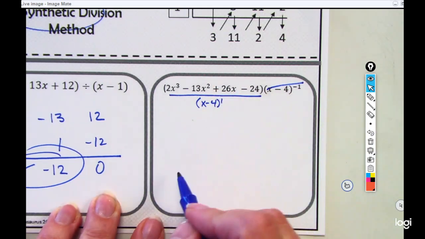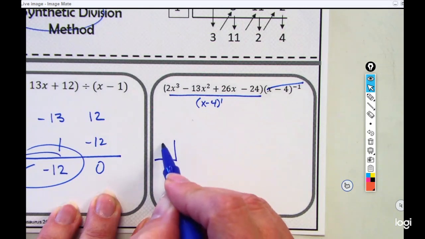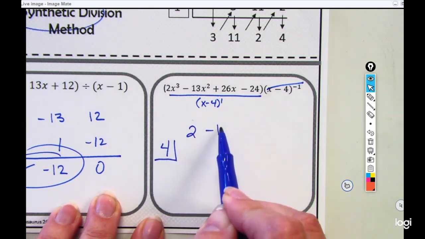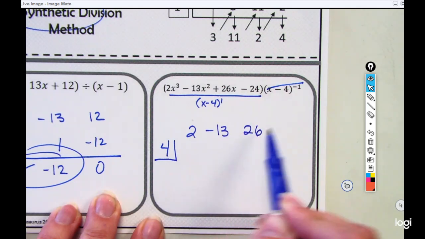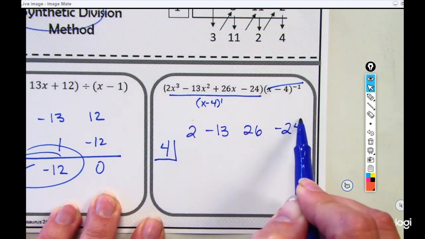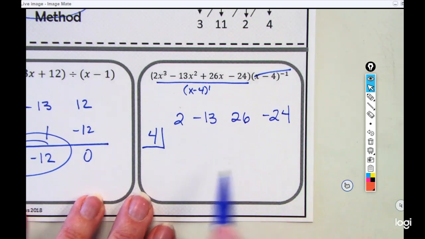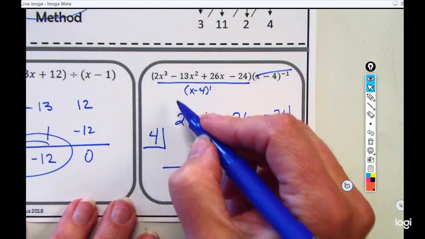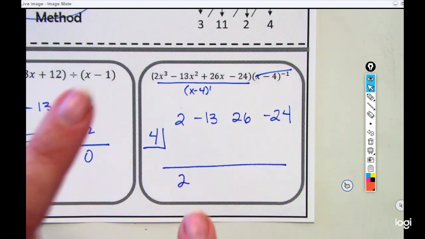Okay, so in the box, what did you tell me? 4. 4, across the top. 2, negative 13, 26. This one's going to come out pretty too. All right, first step, bring down the 2. Times.